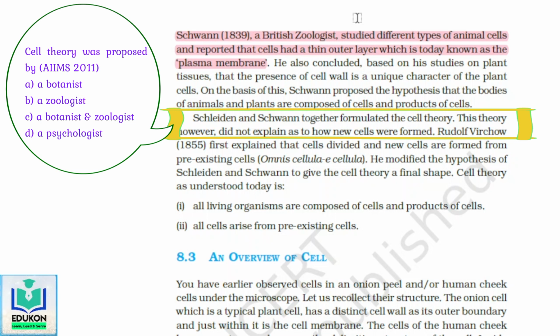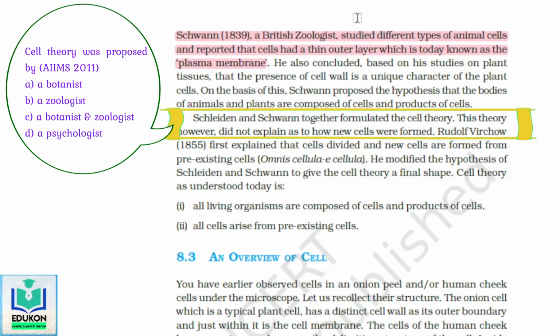We call it plasma because at that time they did not have a microscopic method to study in detail what that outer layer was. After the invention of the electron microscope, we came to know that there is a plasma membrane around the cell.